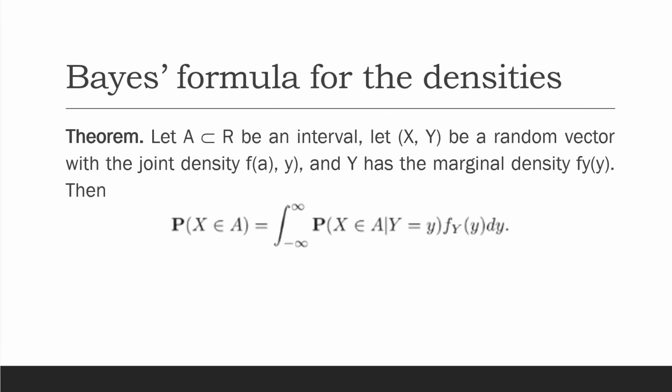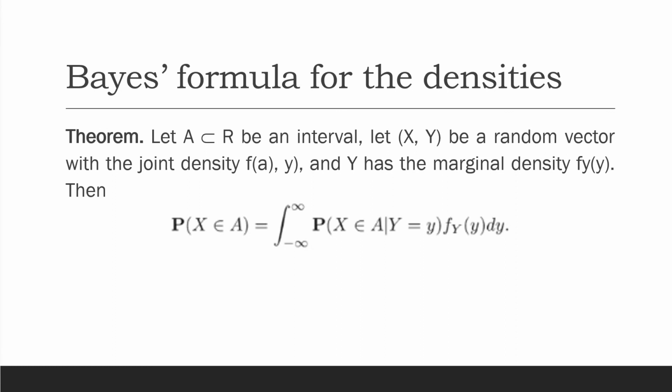So in this case, the probability of x being an element of A is equal to the integral of f of x dx over A, which is equal to the integral over A of dx times the integral of the conditional density f of x given y times the f of y dy from negative infinity to positive infinity.